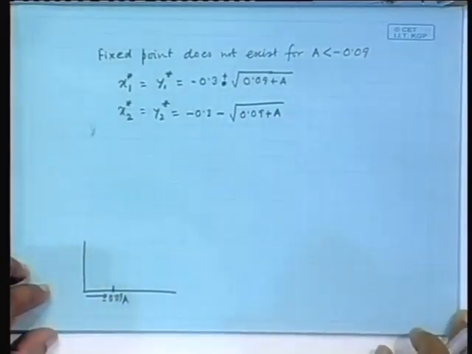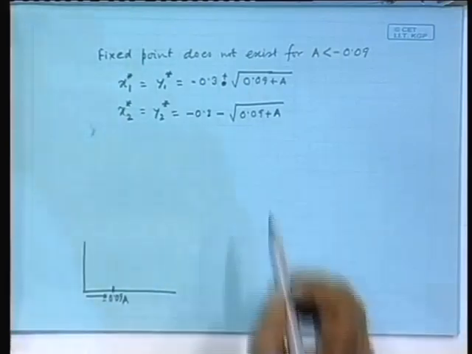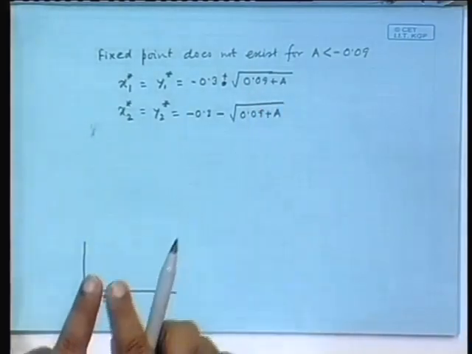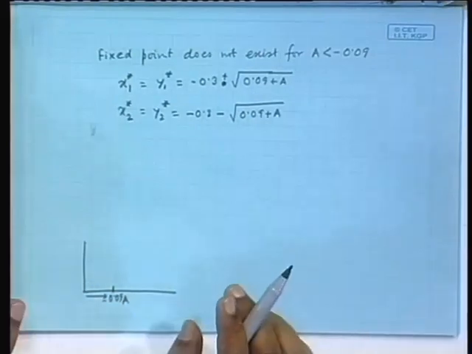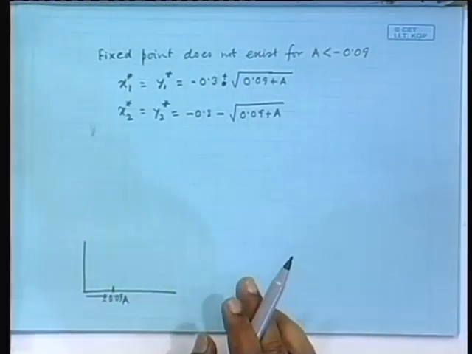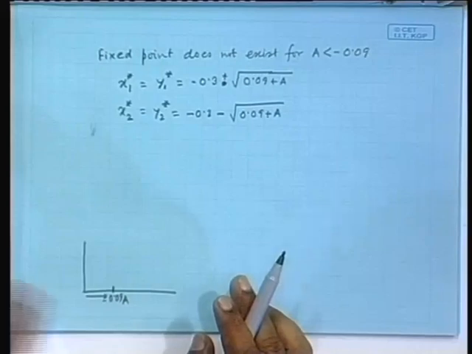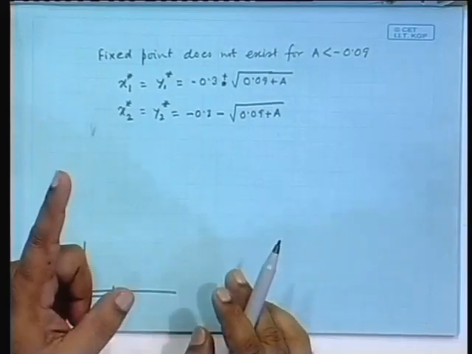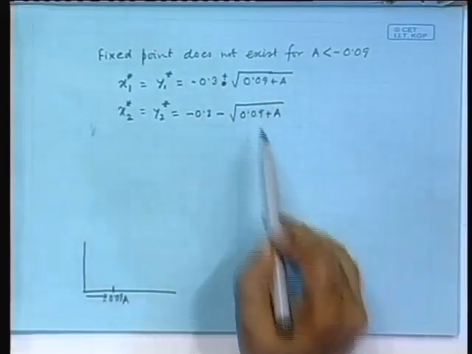Fine. So, these are the two fixed points, which means that beyond that two separate fixed points are born. Is the point clear? It is not that one is born, two are born, fine. So, these two are born.